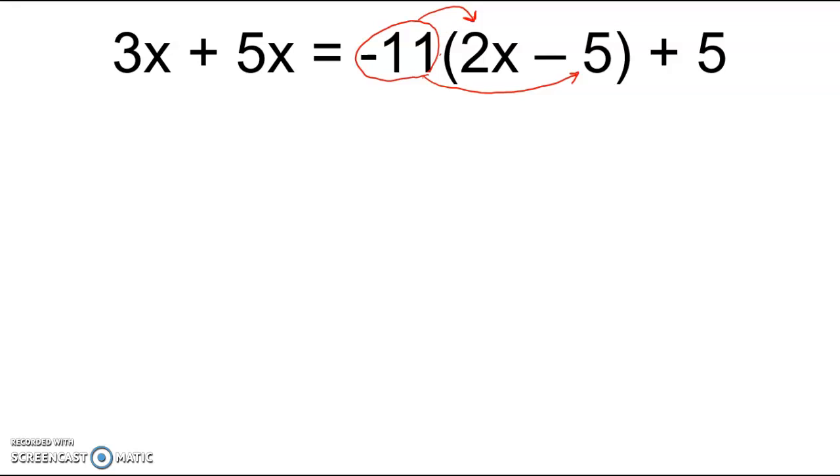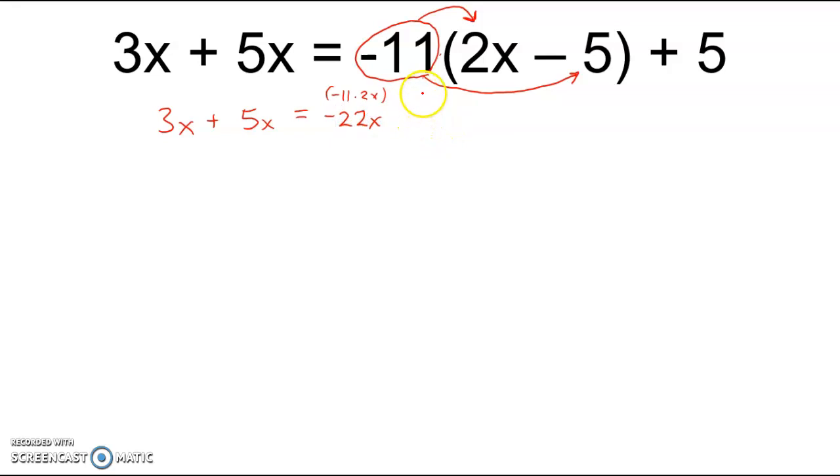So let's rewrite this equation out with negative 11 distributed inside the parentheses. We have 3x, we're not changing anything else, plus 5x is equal to, and this is negative 11 times 2x, just showing my work here, which equals a negative 22x.